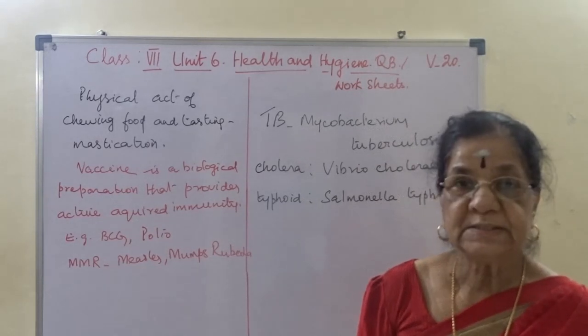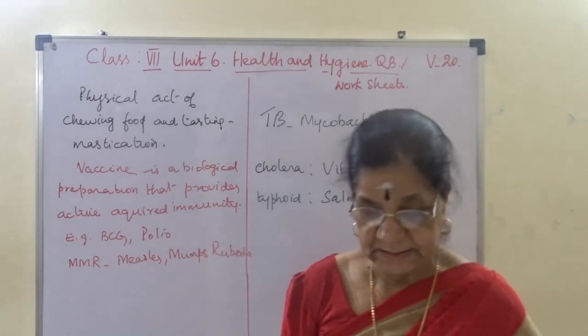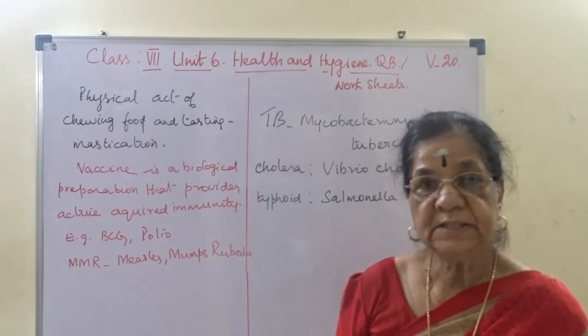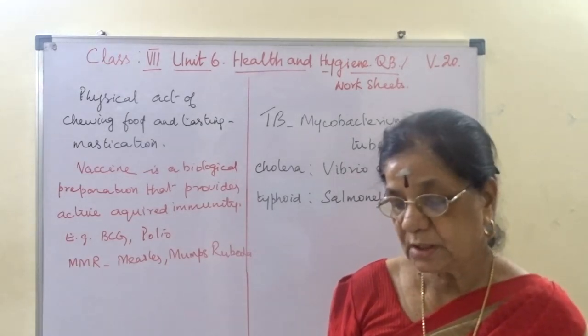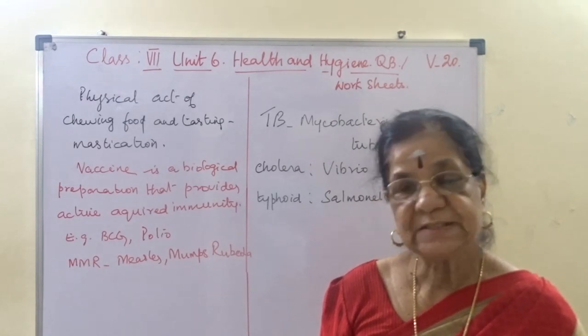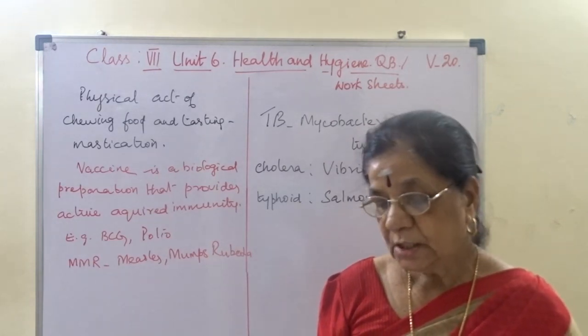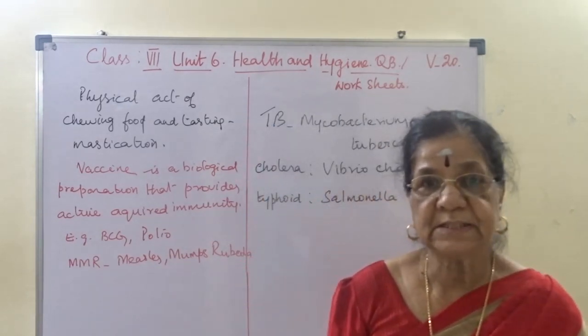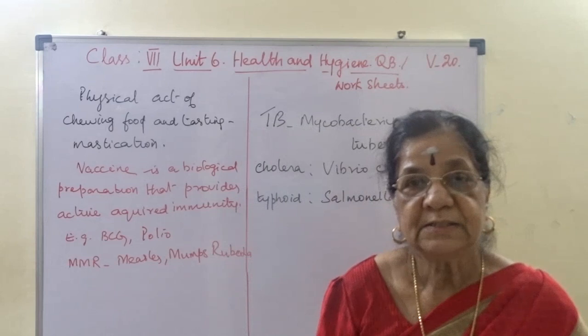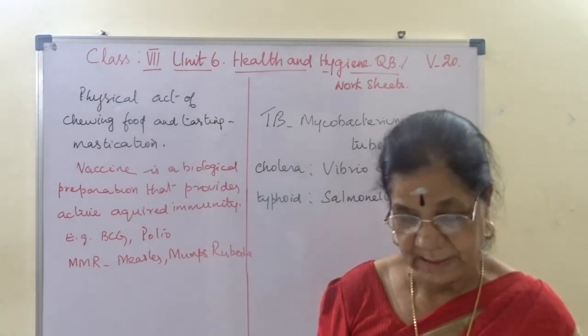Then write a note on leukoderma. Leukoderma is a non-communicable disease. It is given in our book, page 91. Leukoderma is a non-communicable disease caused by partial or total loss of pigmentation in the skin. Our skin color comes from a pigment called melanin.